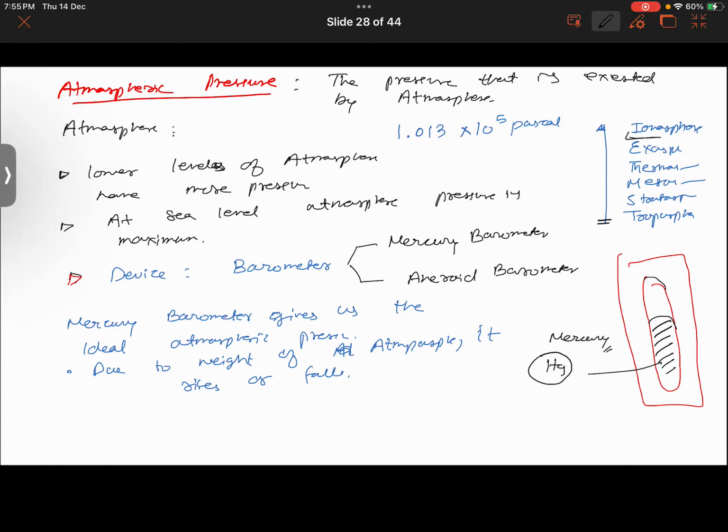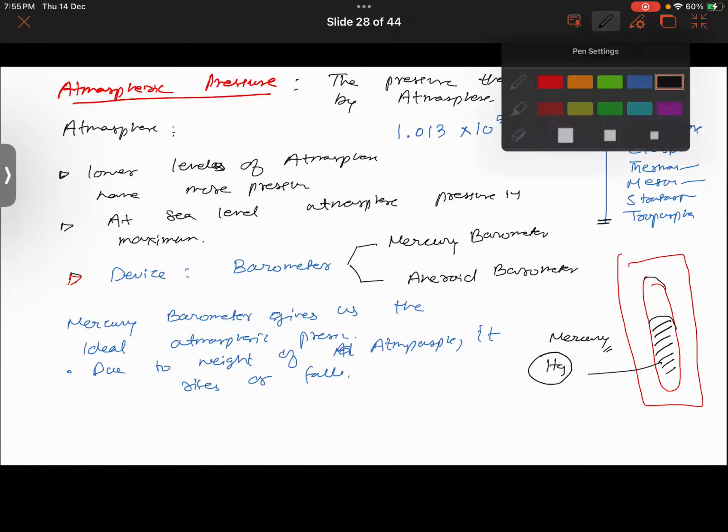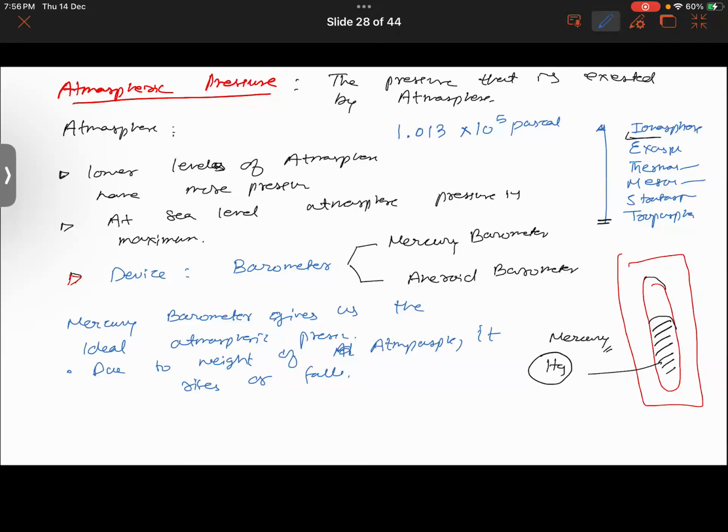Similarly, we also have the aneroid barometer. In this we do not use mercury. Where do we use it? You can't be using the mercury barometer in an aircraft. If we have to measure in an aircraft, we will not rely on the mercury barometer; we would be using the aneroid barometer.